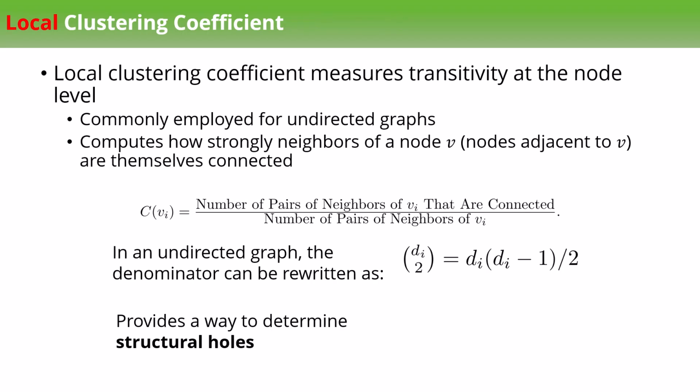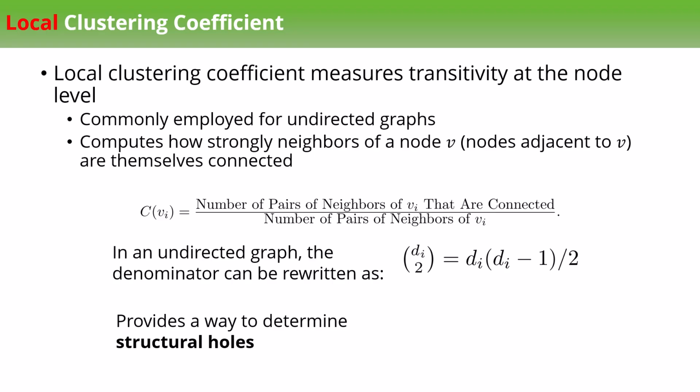The next one is the local clustering coefficient. Now we move from the global level to the local level. The global clustering coefficient tells us about the network as a whole. But sometimes we want to ask a different question: how strongly connected are the neighbors of one particular node? That is what the local clustering coefficient measures.